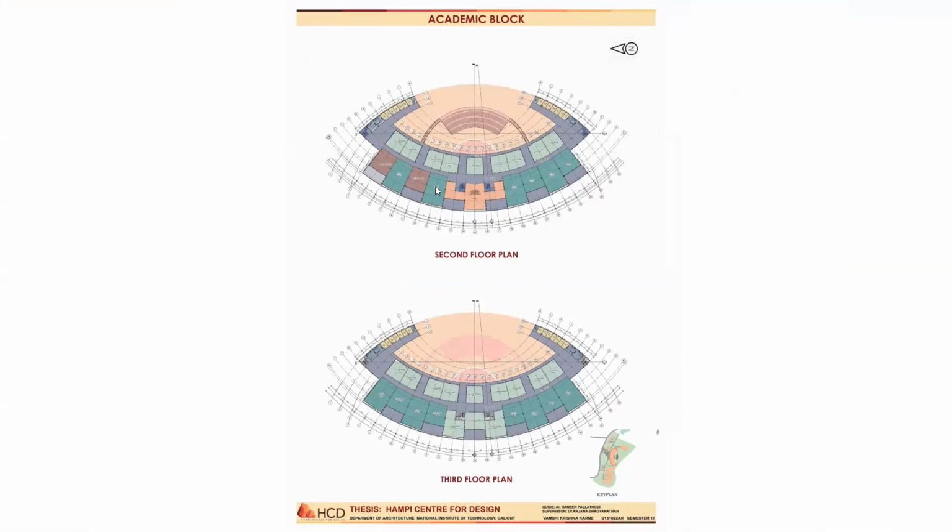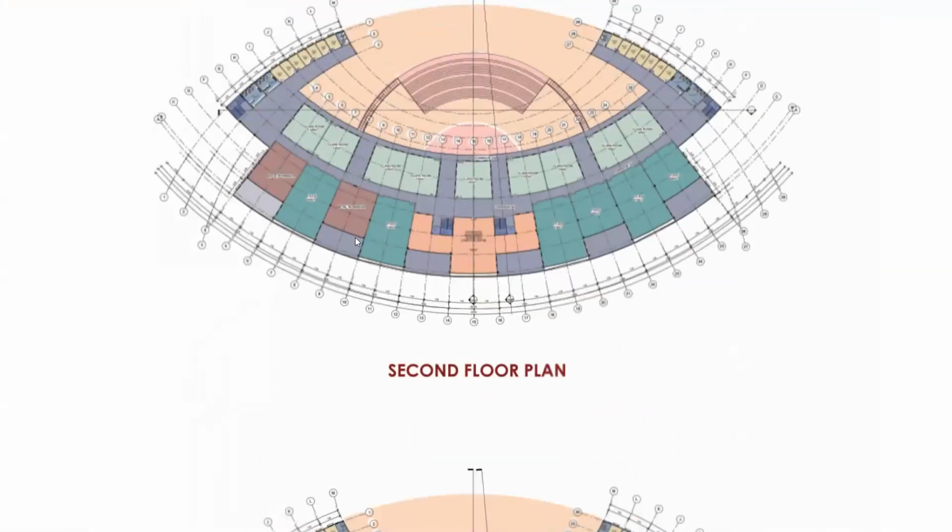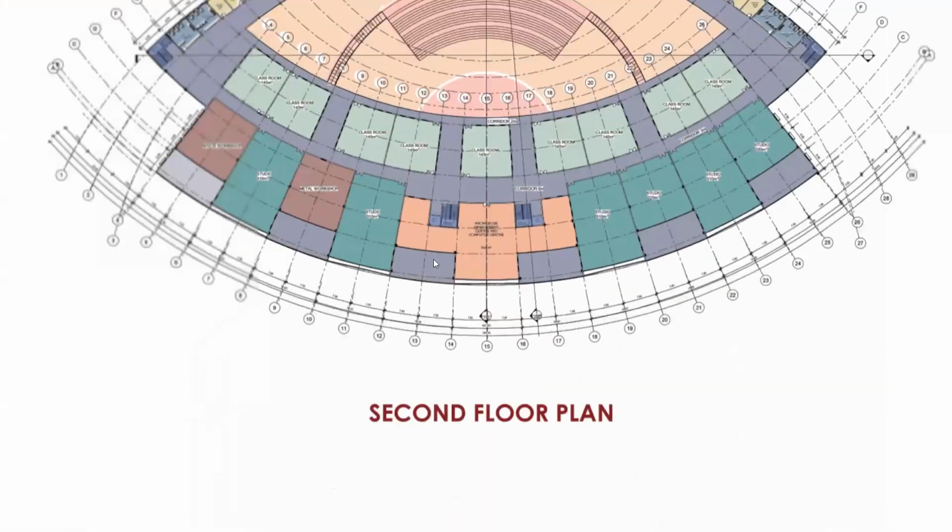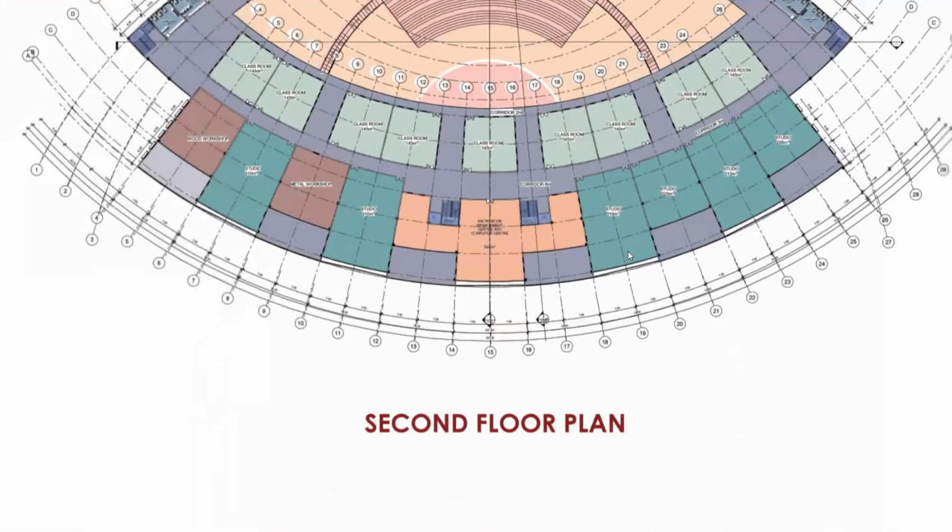These spaces can also act as balcony spaces, which are very interactive, or informal learning areas. Those activities can happen in these balcony spaces, which are very shaded, enclosed within the walls and open on one side, for good air and light ventilation.